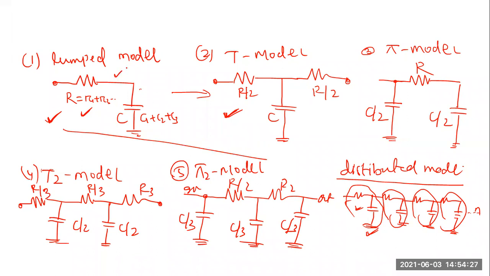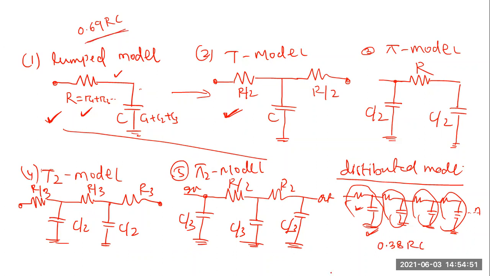In your last session we discussed that for the lumped case the propagation delay is 0.69 RC, but for distributed what is the value? 0.38 RC. That means it is overestimated.